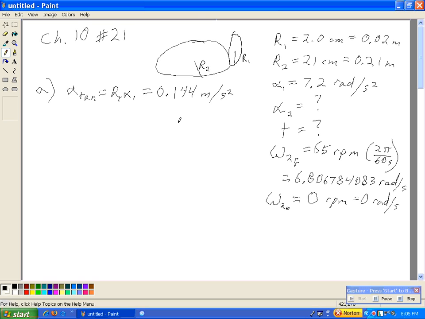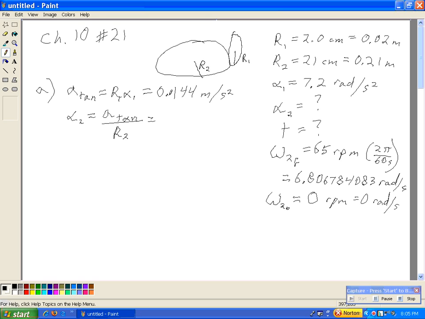Okay. So now we want to find what the angular acceleration is for the second wheel. So we can take the identical tangential acceleration divided by radius 2, the radius of the big wheel.